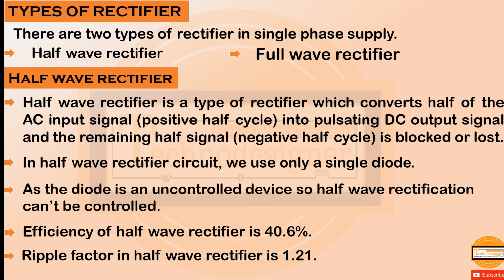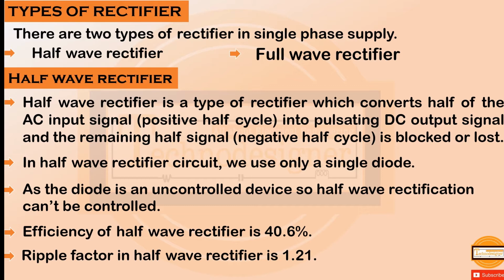Types of rectifiers. There are two types of rectifier in single-phase supply: half-wave rectifier and full-wave rectifier. A half-wave rectifier converts half of the AC input signal, the positive half cycle, into a pulsating DC output signal, and the remaining negative half cycle is blocked or lost.